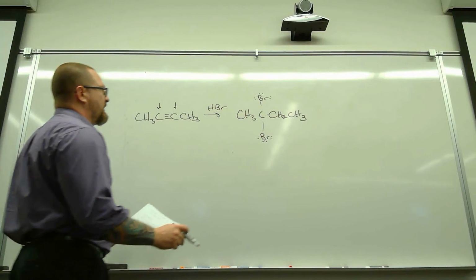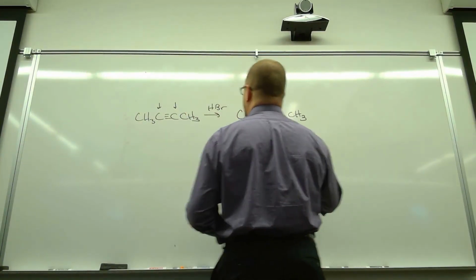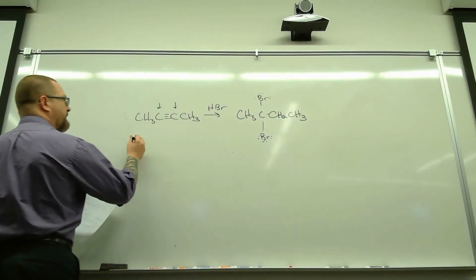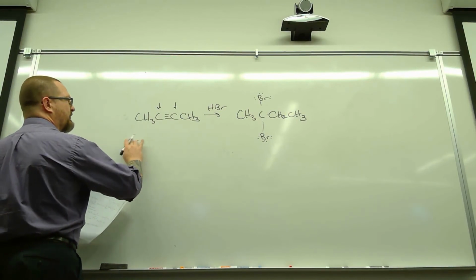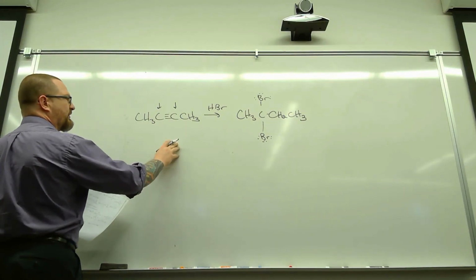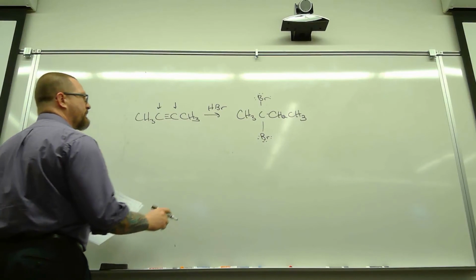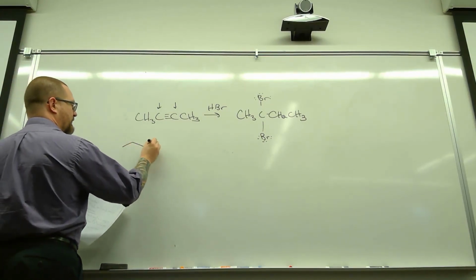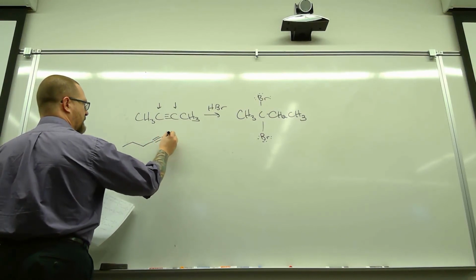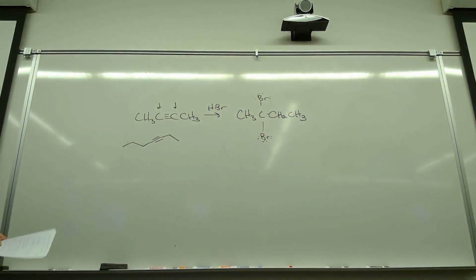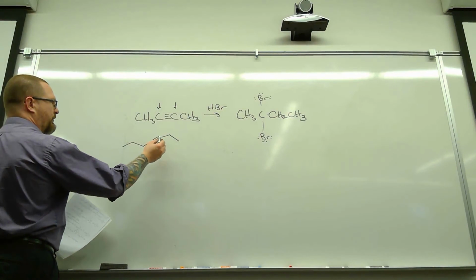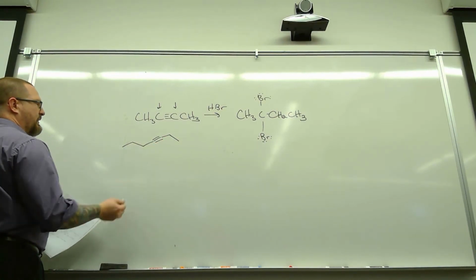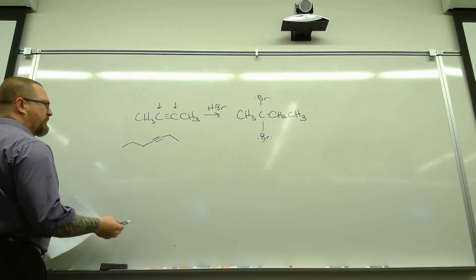If we have an asymmetric system, it's going to give us mixtures of products. Let's say this, where we have 1, 2, 3, 4, 5, 6, 7, a 3-heptyne.